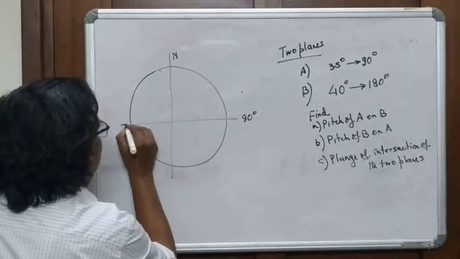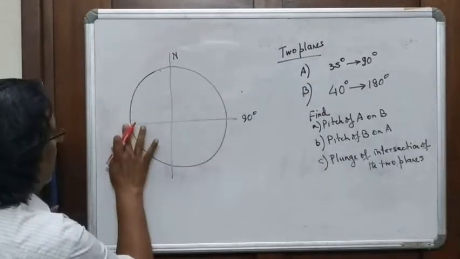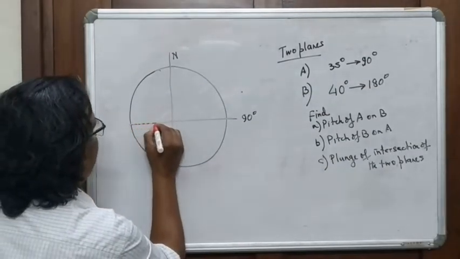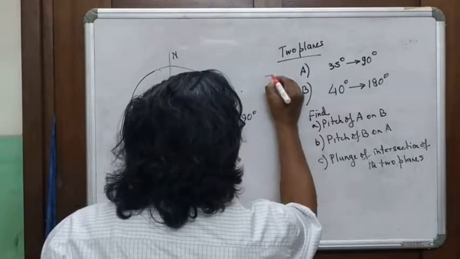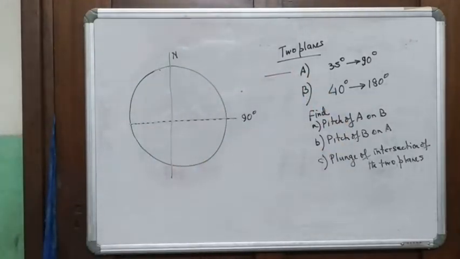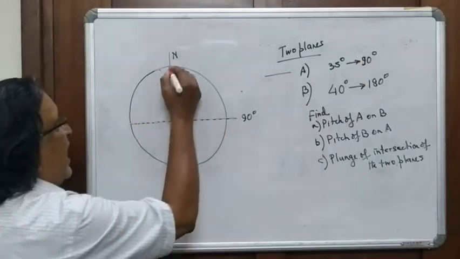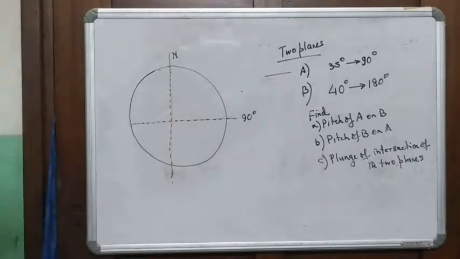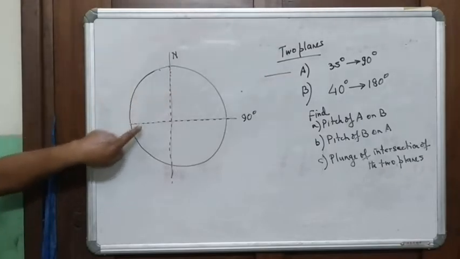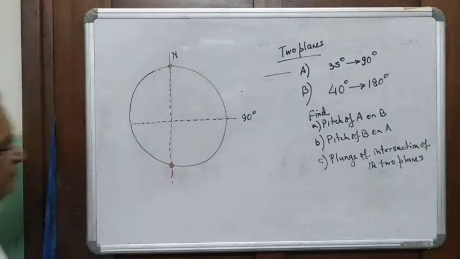So, this is the dip line. We are doing for A. I am doing for the red pen, I am doing with A. For A, the dip line 35 degree towards 90 degree, this is the dip line, and therefore this is the straight line. This is the straight line and this is the dip line. So the straight line intersects it at these 2 points. The horizontal at these 2 points.